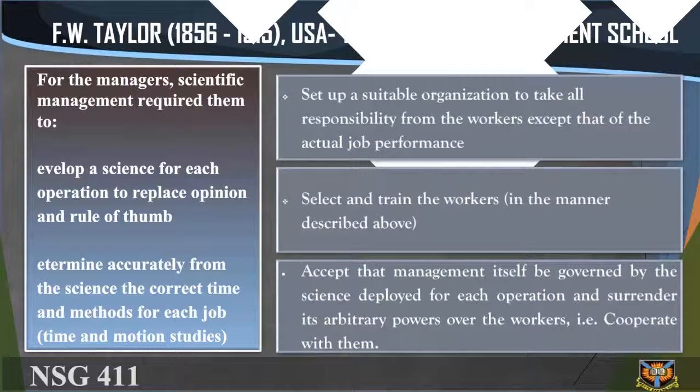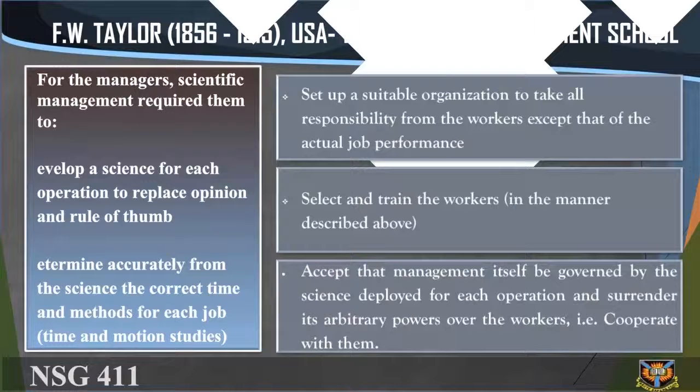For the managers, scientific management required them to develop a science for each operation to replace opinion and rule of thumb, determine accurately from the science the correct time and methods for each job, time and motion studies, and set up a suitable organization to take all responsibility from the workers except that of the actual job performance.